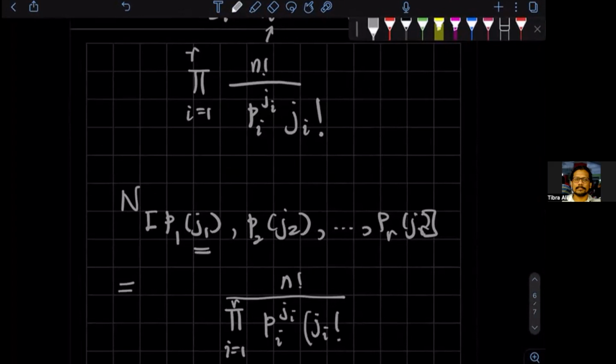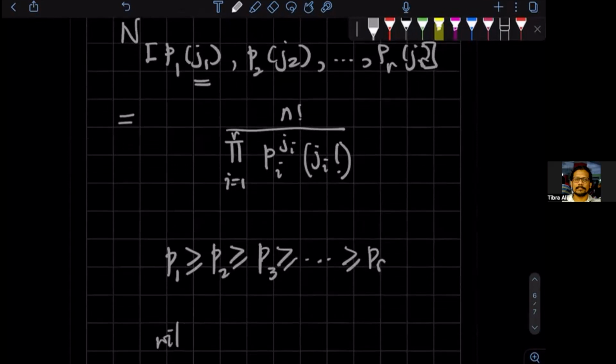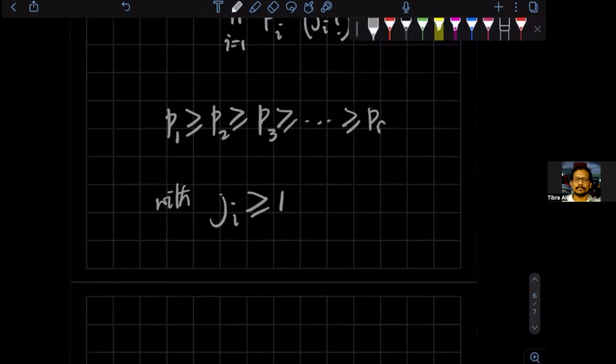Okay. And here, we have ordered the p_i's in such a way that p1 is greater than or equal to p2, greater than or equal to p3, ..., pr, with all the j_i's being 1 or greater, and r goes from n to 1, and the sum over j_i p_i gives me n.